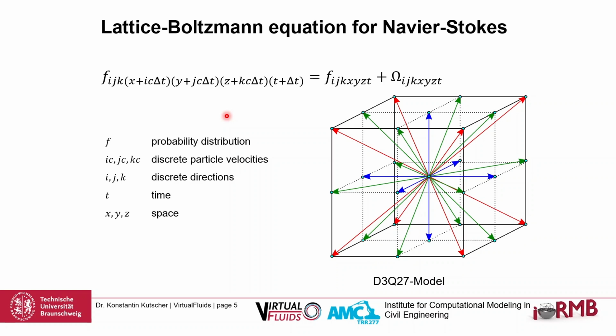Because we always have a local collision operator as a local operation, and communication only with the nearest neighbor. And that's all. It's very attractive to implement this algorithm, and we can compute very efficiently.